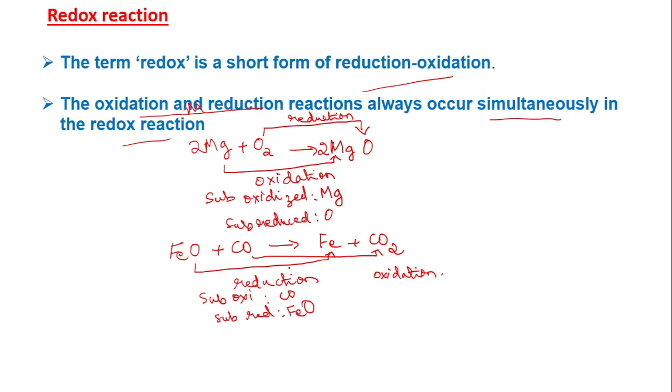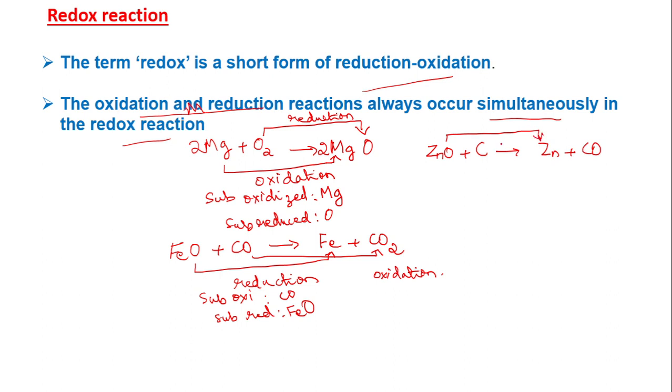So this is a type of redox reaction, where oxidation and reduction both are taking place simultaneously in a single reaction. Let us take some other example, that is reduction of zinc oxide. Zinc oxide combines with carbon to form zinc and carbon monoxide. You can identify easily here.